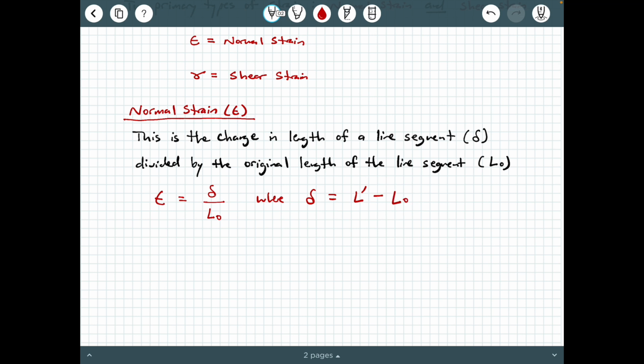And so, again, L prime is going to be known as the deformed length of a line segment. So we can rewrite this as epsilon equals L prime minus L naught divided by L naught, okay?